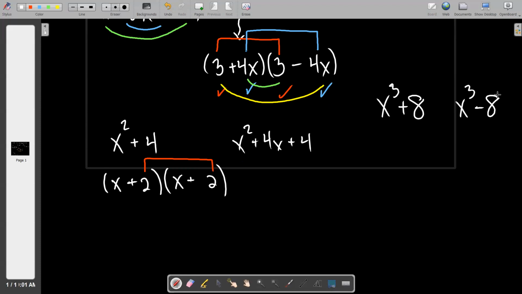Cubes have that ability. Squares do not. With squares, we have to have a minus sign to enable the magic that we want to happen. Clear? So differences of two squares, you can factor; sums, leave it alone. It's done.